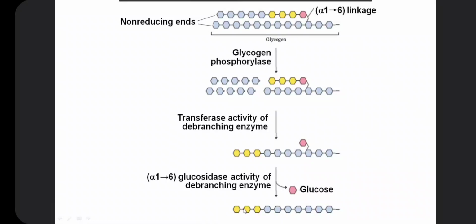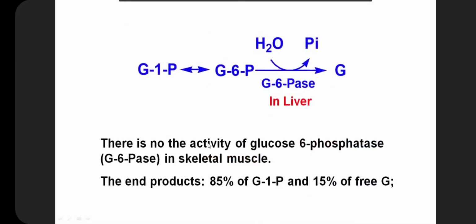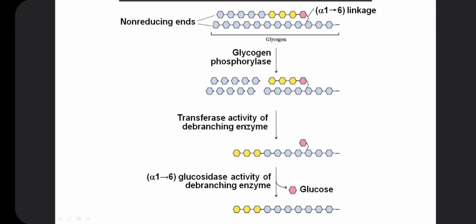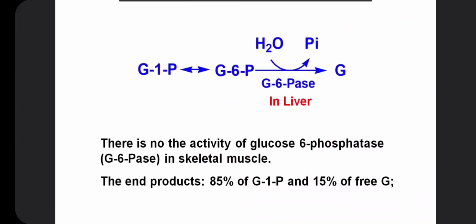The combined action of the phosphorylase and these debranching enzymes leads to the complete breakdown of the glycogen to glucose 1-phosphate. Then the glucose 1-phosphate is converted by the mutase to glucose 6-phosphate. And here you should remember, in liver, not in the muscle, the glucose 6-phosphate can be hydrolyzed by glucose 6-phosphatase to give free glucose, and then it can be released into the blood, leading to an increase in the blood glucose concentration.